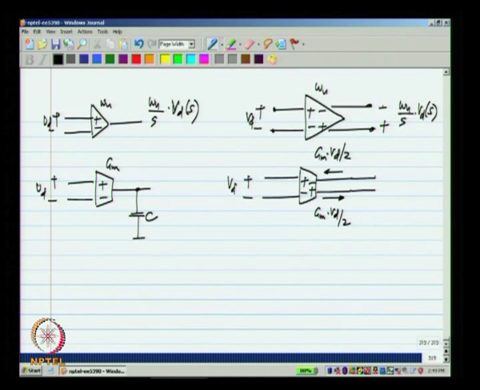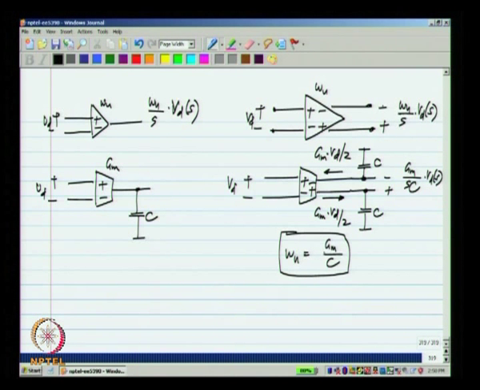Okay. And you pass each of these currents through capacitors C, then the output voltage will be G m by S C times V d of S. Of course, the unity gain frequency of this op amp is G m by C.